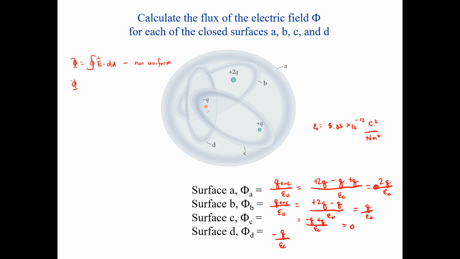You can also get the flux of a uniform electric field and plane surface by doing this. It is just equal to EA cosine theta. And then you can also get the flux if the charge enclosed is given. So you just have to divide it with epsilon naught. Okay?